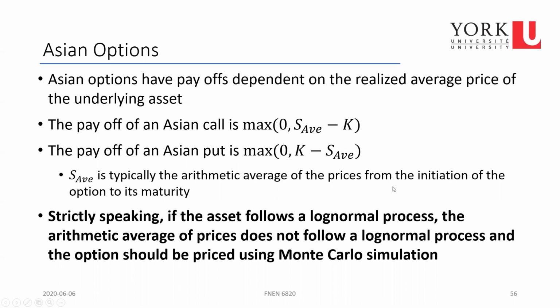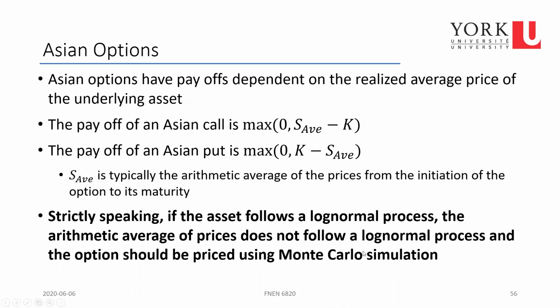So that's why, strictly speaking, this is a little difficult to evaluate, and you probably need to use a Monte Carlo simulation to do that, because the distribution of this S average, or the process followed by this S average, is not easily found.